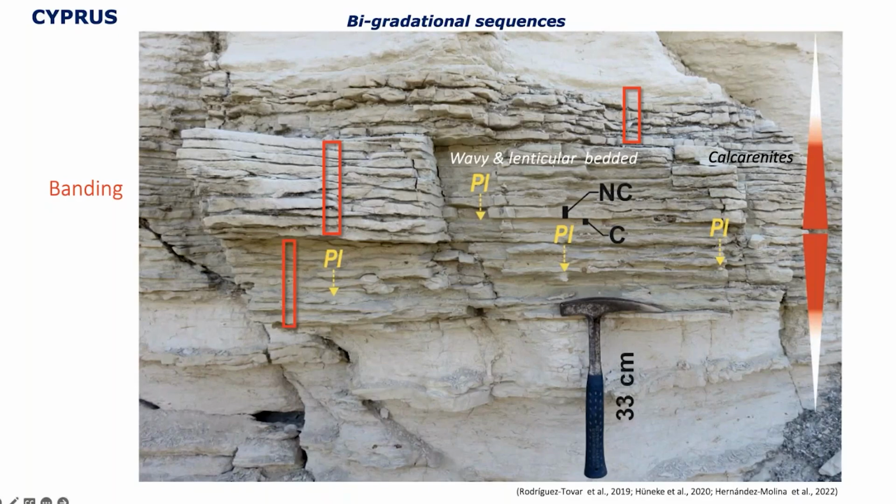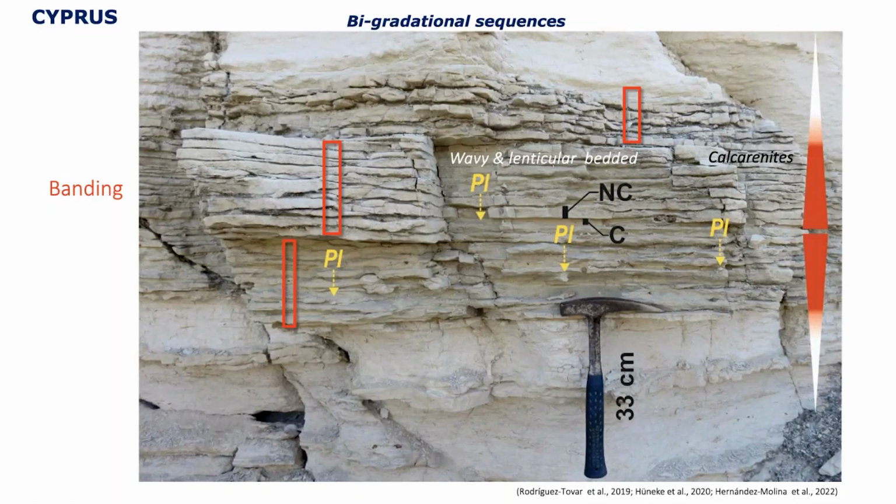So let me use this name, though I know they are not so well considered at the moment: calcarenite on the lower part, calcareous in the central part, and then calcarenite again in the upper part. But it's quite interesting because you can see also that the thickness of the layer is changing. It's thinner in the lower part, thicker in the central part, and becomes thinner again at the top.